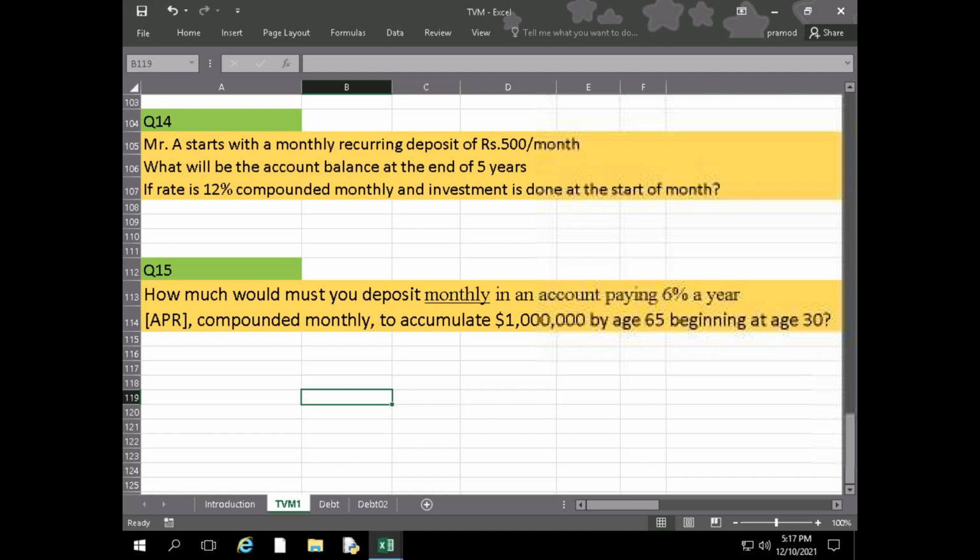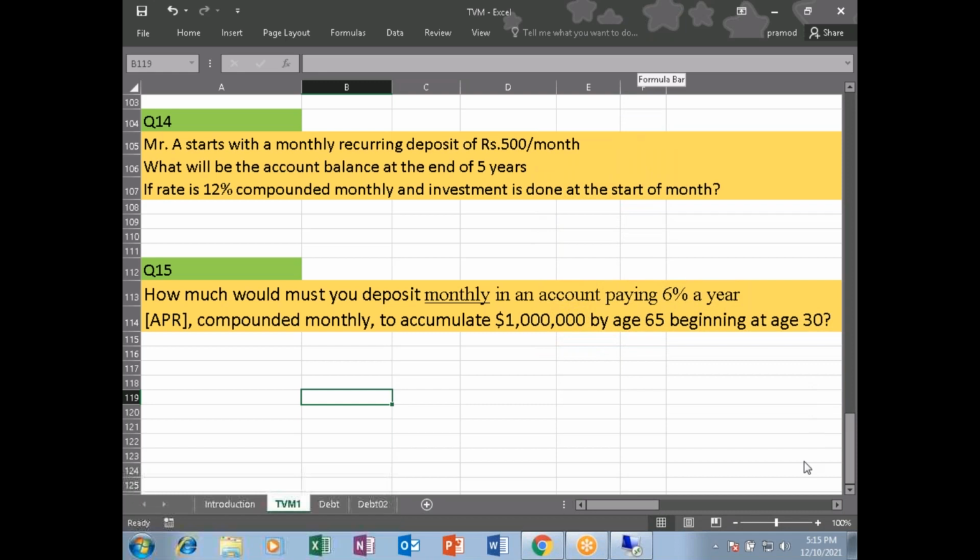So here what you need to find out, future value or present value? Future value, sir. So if you are using future value, you have the percentage amount here. So what would be the amount compounded monthly they are saying?